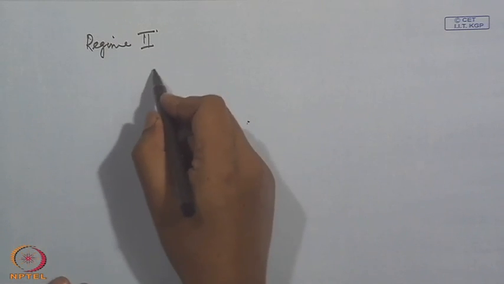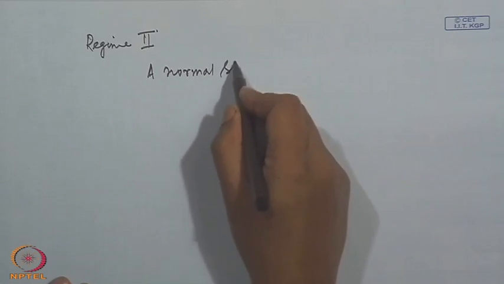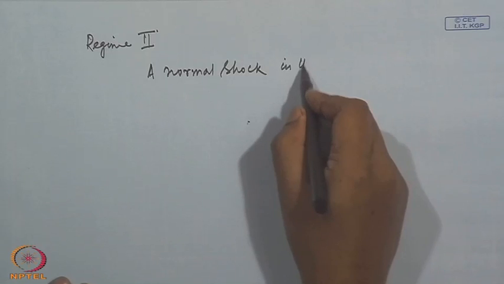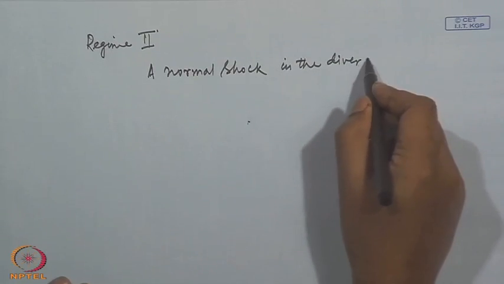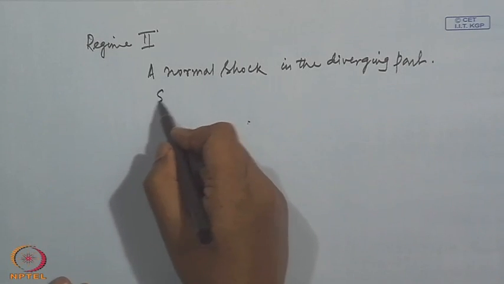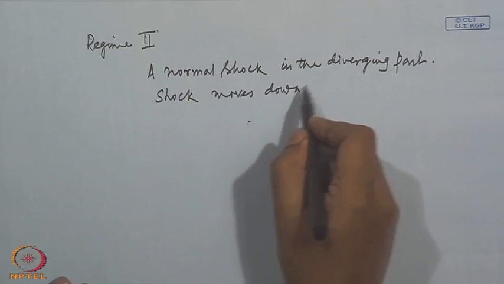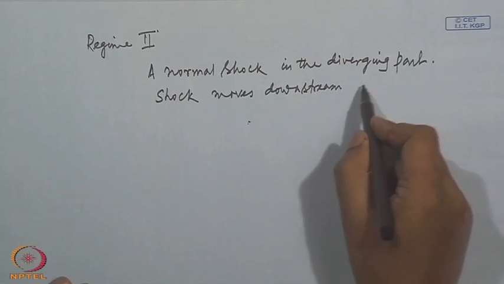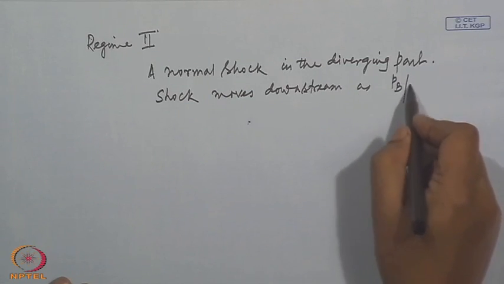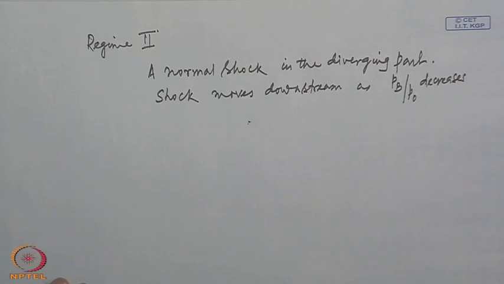So, a normal shock in the diverging portion moves downstream as P B by P 0 decreases.